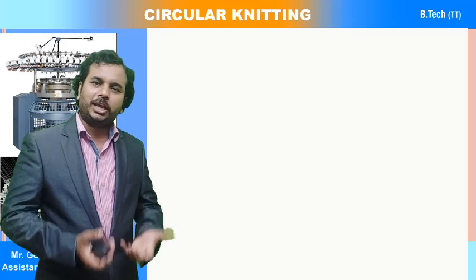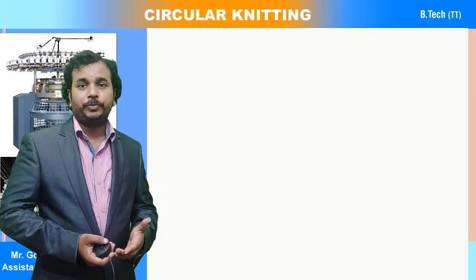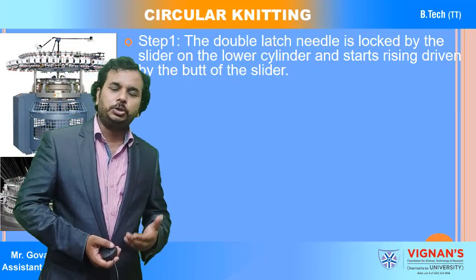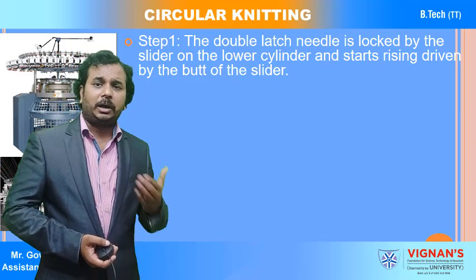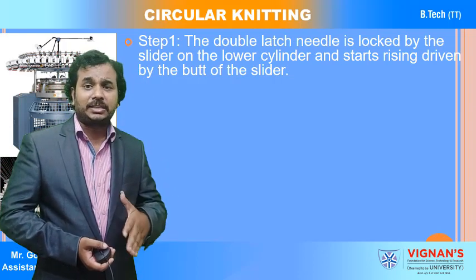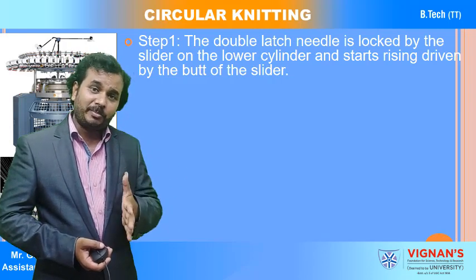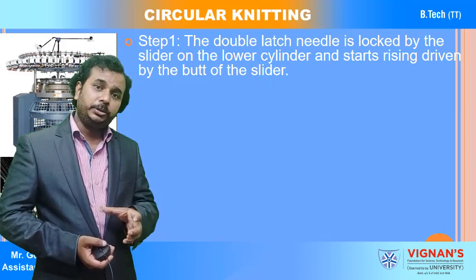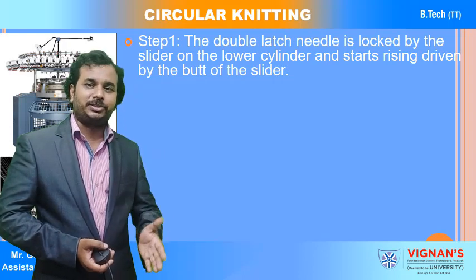So single jersey fabrics are also possible in this category. This is how we produce pearl structures using double latch needles with the slider mechanism, as well as single jersey fabric structures.